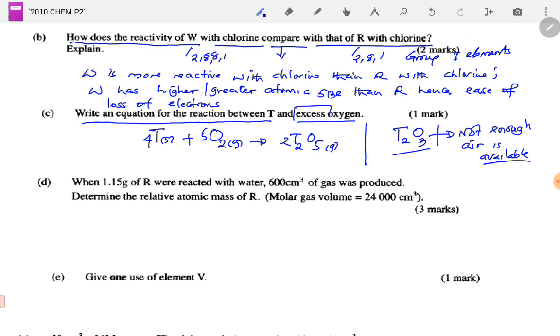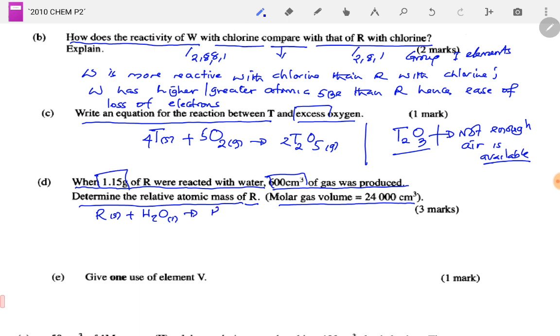And now we go to part D. When 1.5 grams of R were reacted with water, 600 centimeter cubic of gas was produced. Determine the relative atomic mass of R given molar gas volume at RTP is 24,000 centimeter cubic. So first we write the reaction of R with water.